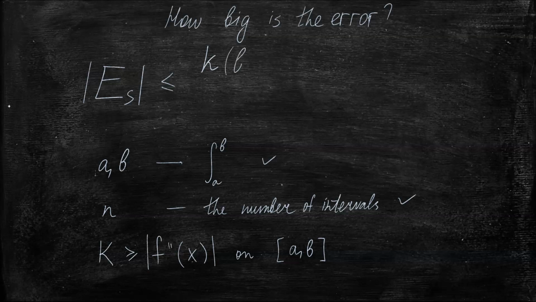And we're going to have (b minus a) to the power of 5 divided by 180 n to the fourth. So a and b are still the limits of integration, but what is lowercase k? Lowercase k is the upper bound for the fourth derivative of the function f.